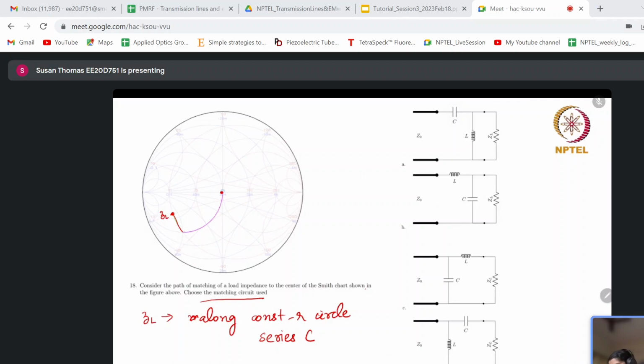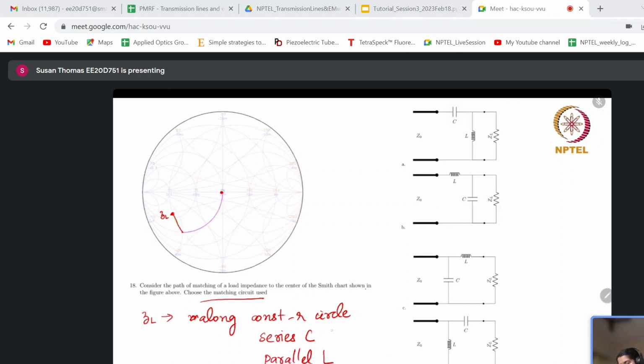Then it moves up along the constant G circle, so it will be a parallel inductor.